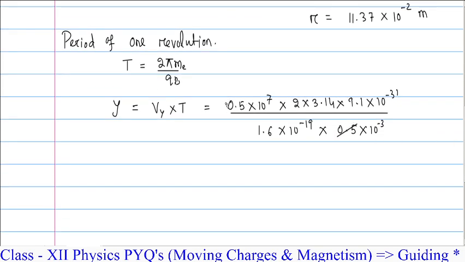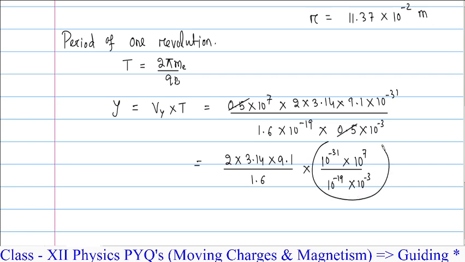So this 0.5 first will cancel out. So how much will we be getting? First take the values to one side and the powers of 10 to the other side. So 2 into 3.14 into 9.1, whole divided by 1.6, into 10 to the power minus 31, and in the numerator 10 to the power 7 is also there, whole divided by 10 to the power minus 19 and 10 to the power minus 3.